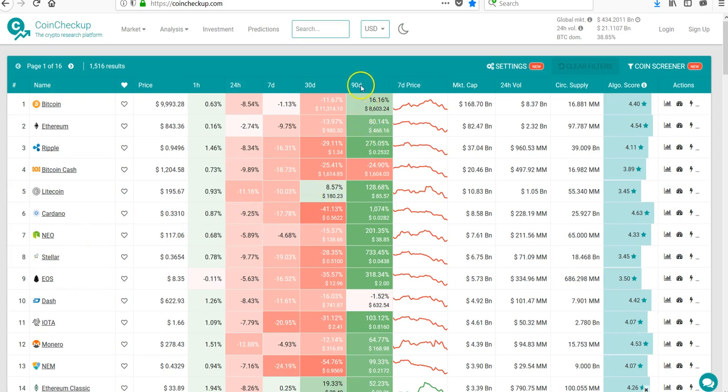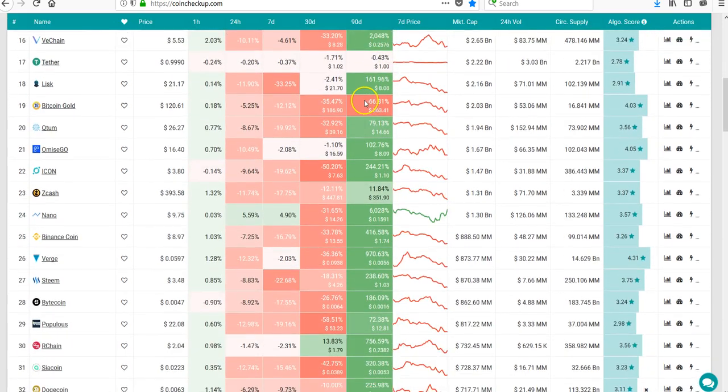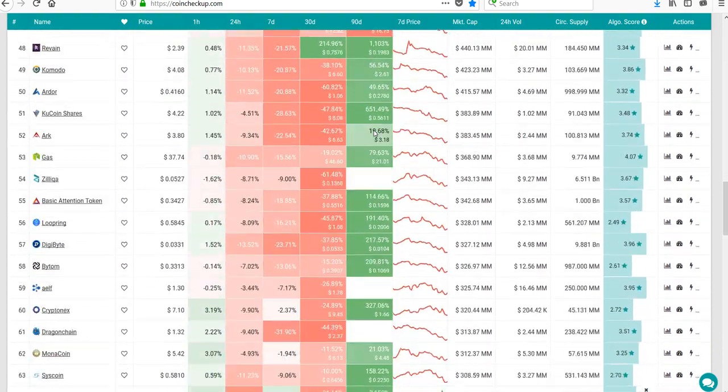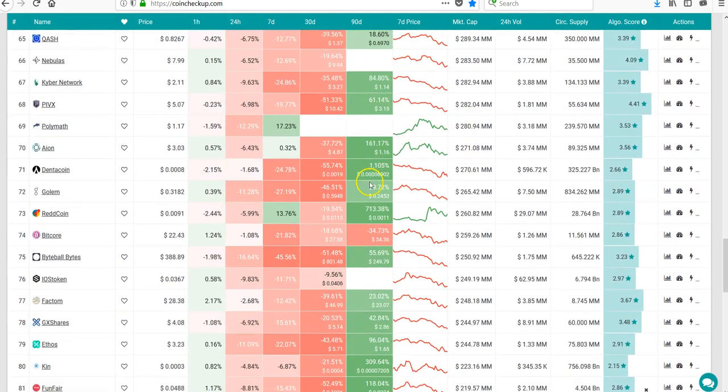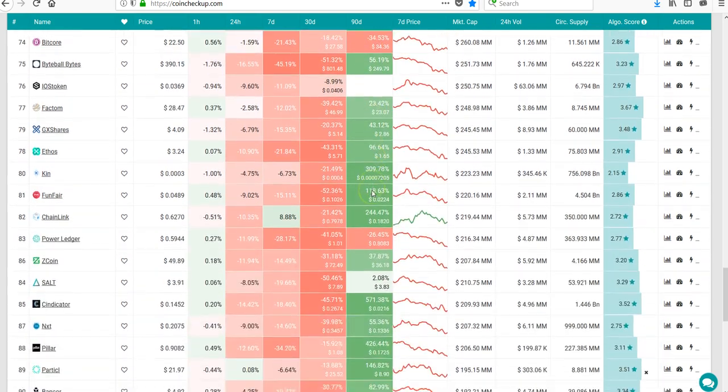What we're looking at here, when I referred to the top 100, are the 90-day results of how these coins have performed over the past 90 days. And if we go down here, the 8 that I'm referring to are shown here in red. In green is everything that's positive, and the more green it is, the higher the percentage, such as this one, DentaCoin, which is up 1,108% over the past 90 days.